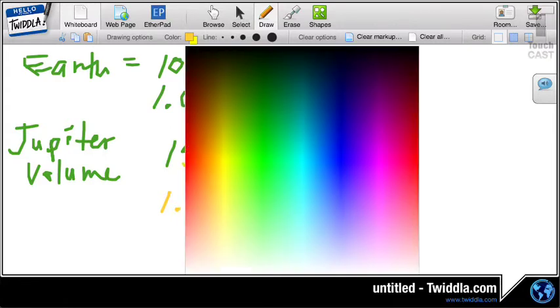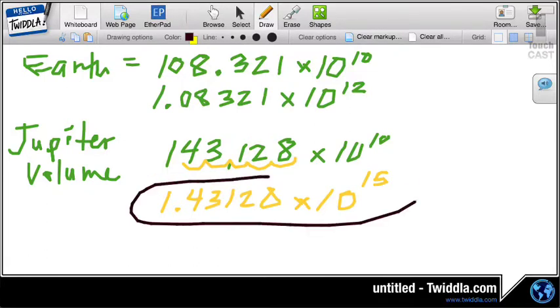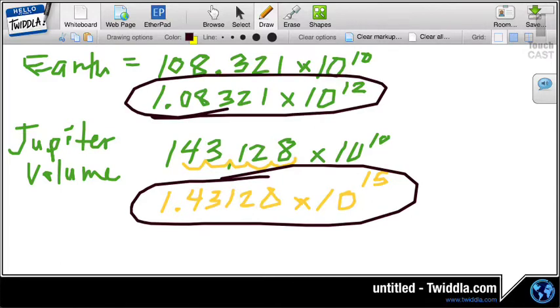So what we're comparing is 1.43128 times 10 to the 15th and 1.08 times 10 to the 12th.